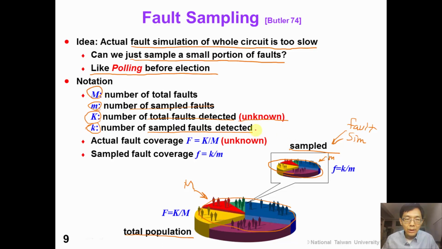This number can be known from our fault simulation. So, the actual fault coverage, big F, is equal to big K over big M. Because we don't know big K, big F is unknown. On the other hand, we know the sampled fault coverage, small f, which is small k divided by small m.